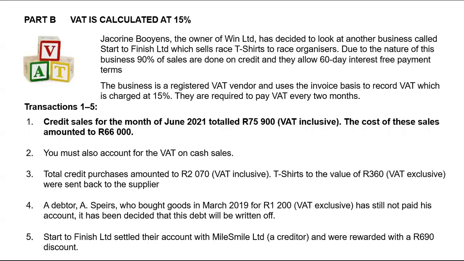Let's go to number 4. Number 4 says that a debtor who bought goods in March 2019, 1,200 VAT exclusive, has not paid his account. It has been decided that this debt will be written off. Expenses, as I've said, expenses and purchases result in increase in VAT input.